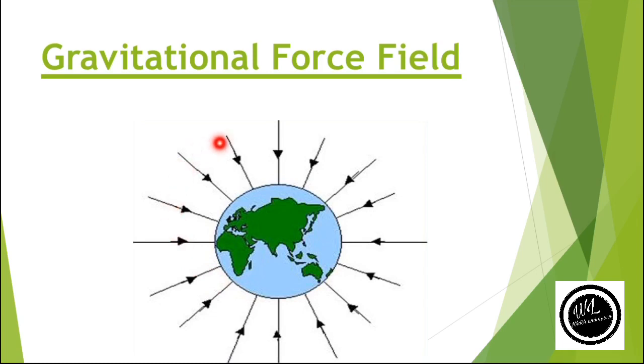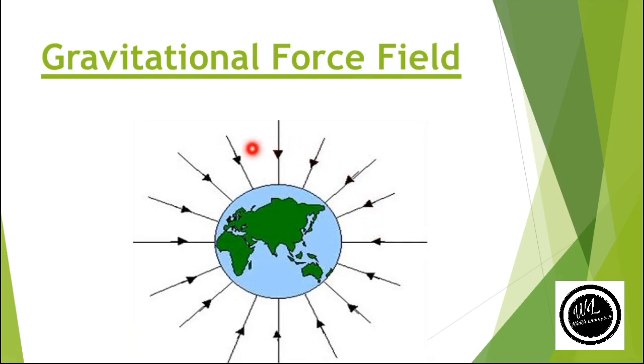Now you can see the diagram here. To represent this force field around the Earth, we draw vectors of force pointing towards the Earth's center. The inward direction of arrows represents that the force is always attractive to the Earth, or we can also say that Earth will always attract the body.